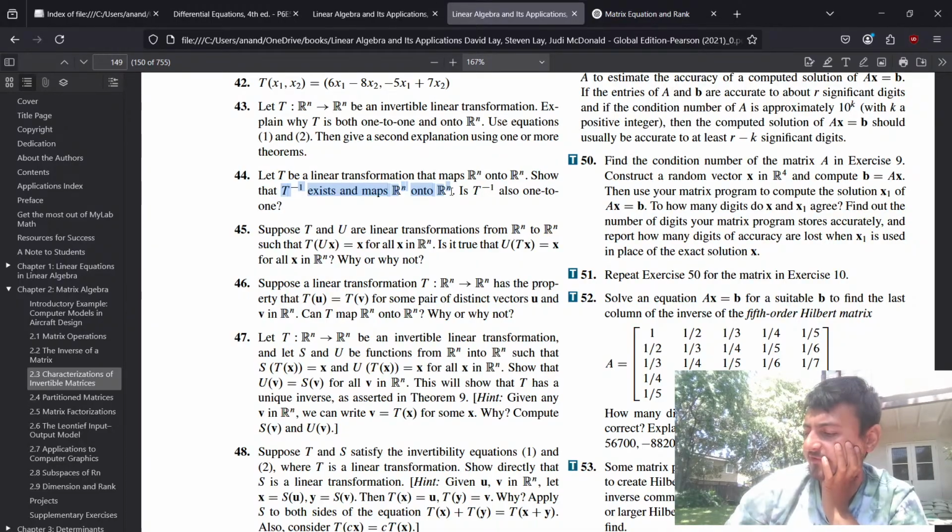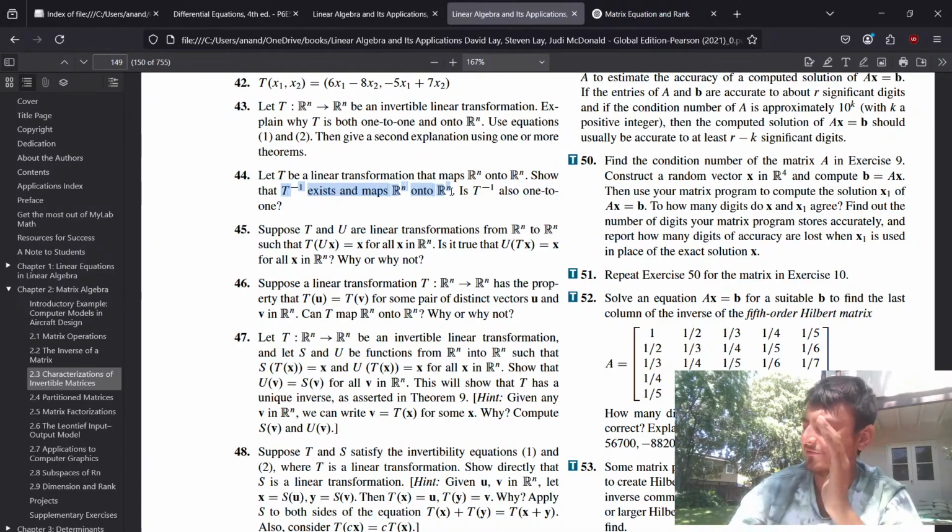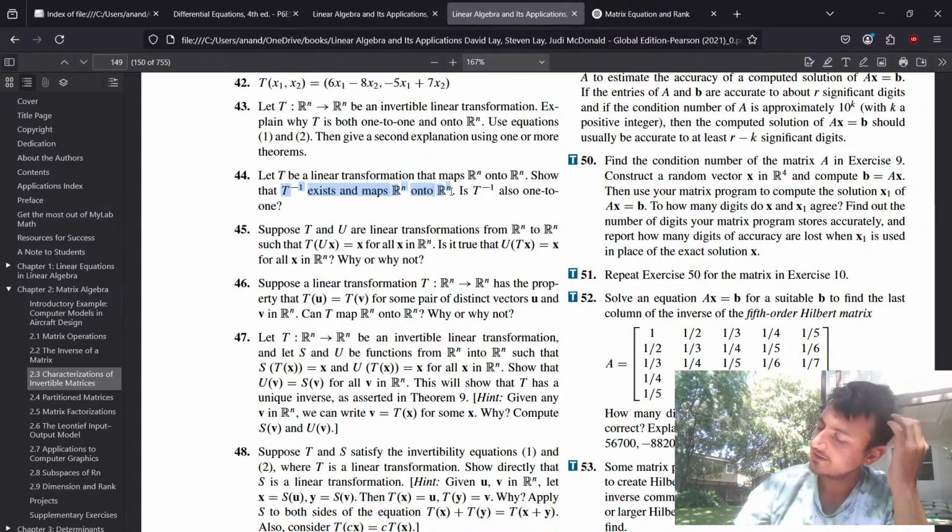So S from V to U, if you're thinking about vector spaces, is onto.